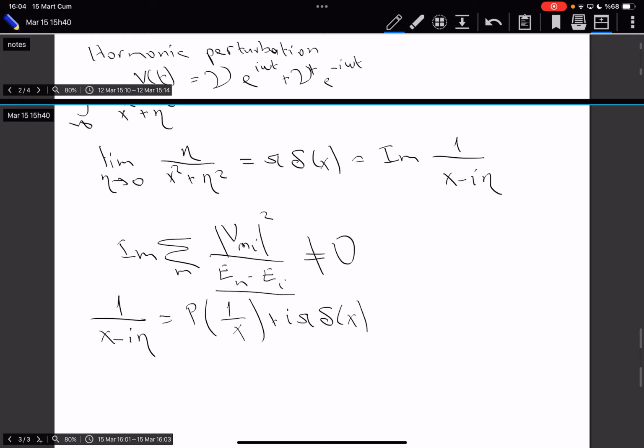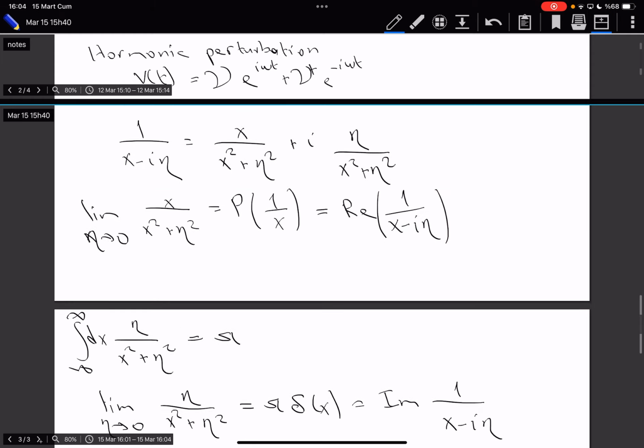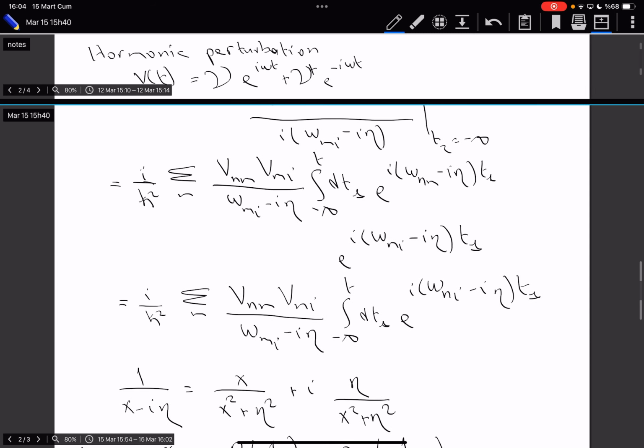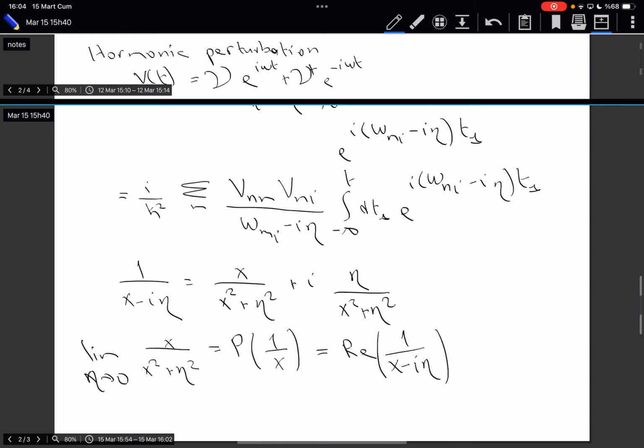On Tuesday's derivation, or on our previous derivation, there is nothing imaginary there. And there's also this additional term that we threw away. But now this treatment shows why we can throw away the additional term and why we have the imaginary part of this expression. And keep in mind that the integral now is independent of the state m.